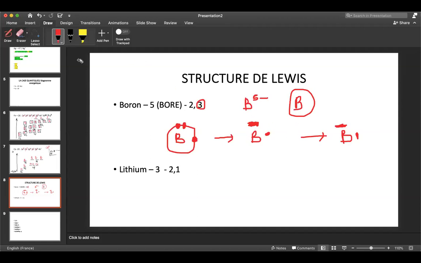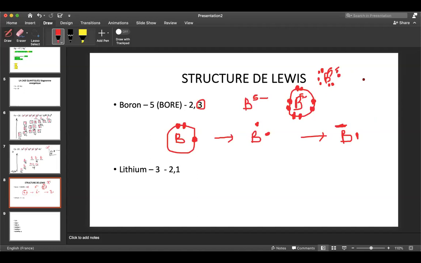So if it gained 5 more electrons, we would have represented it with the valency shell full, which can also be written as B with 5 more electrons, pairs like that.